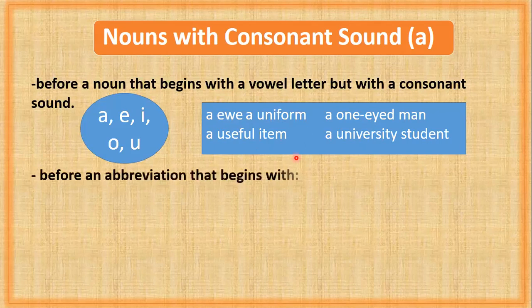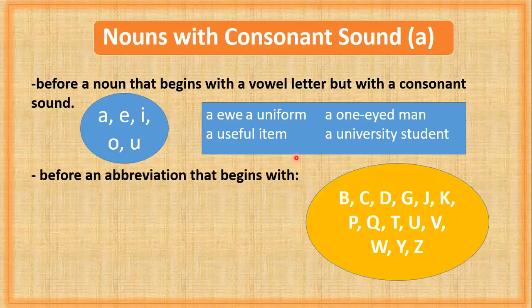Similarly, a is used before an abbreviation that begins with letters like B, C, D, G, J, K, P, Q, T, U, V, W, Y, Z, because these letters have a consonant sound.